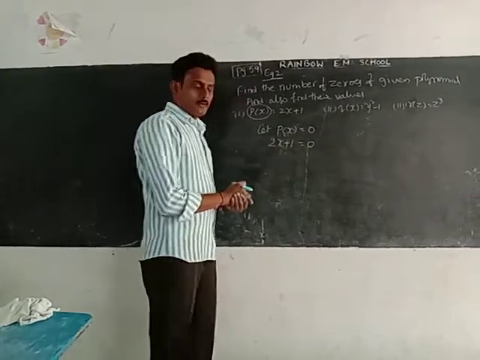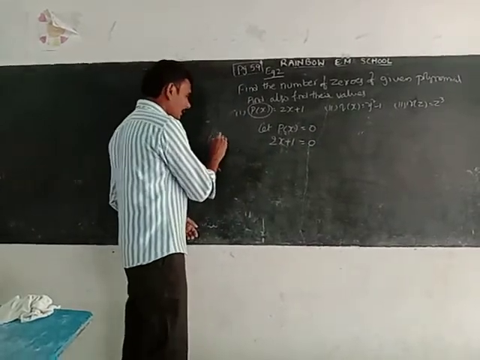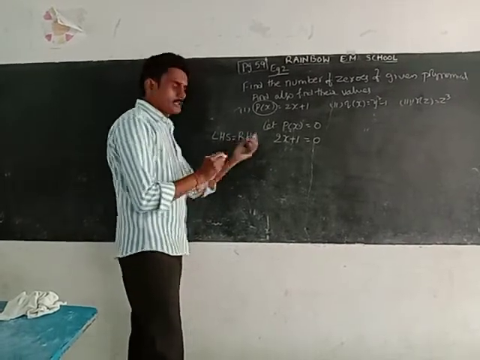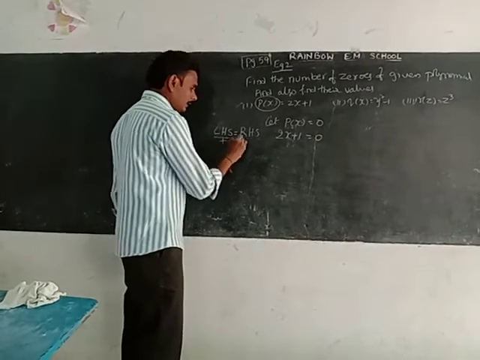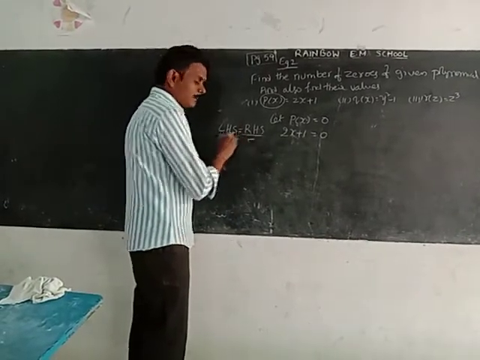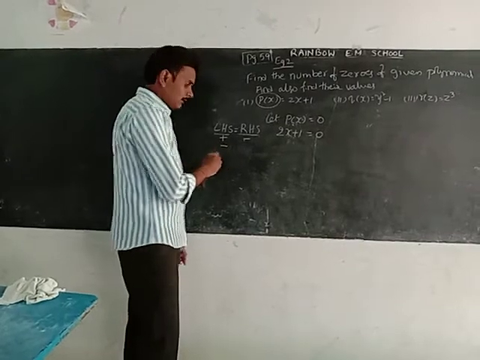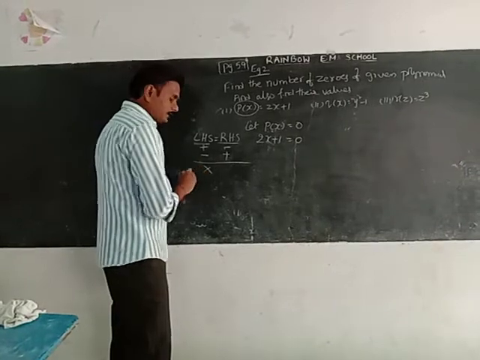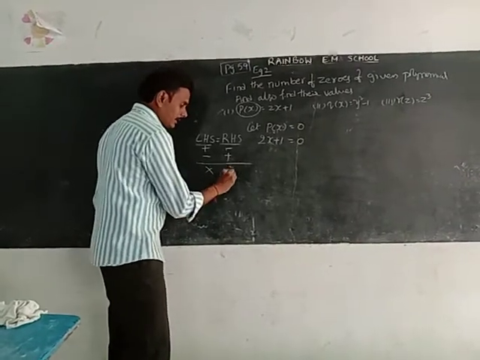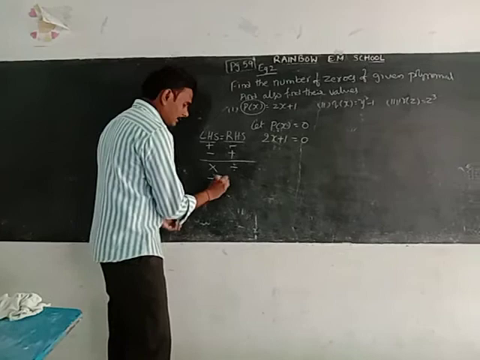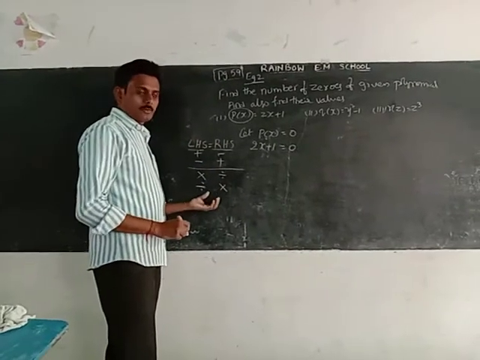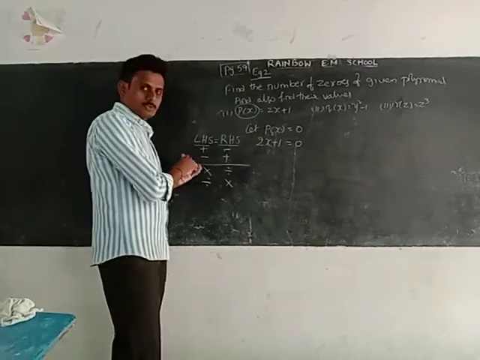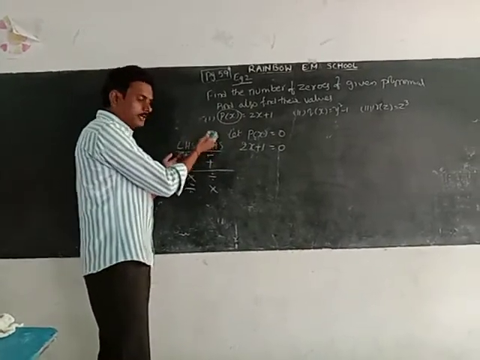Now move the terms. While moving the terms, don't get confused. We already learned in lower classes: whenever moving from the LHS to the RHS, one side plus becomes minus on the other side, and one side minus becomes plus. Similarly, one side multiplying becomes dividing on the other side, and one side dividing becomes multiplying. We have to remember these when transposing from LHS to RHS or RHS to LHS.